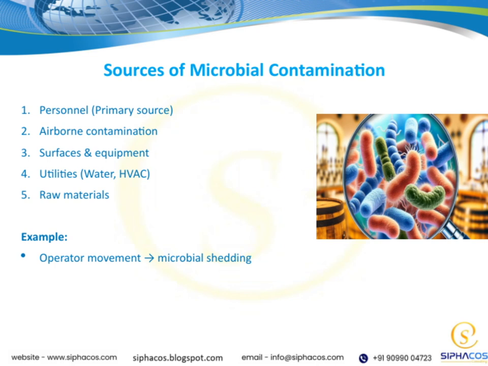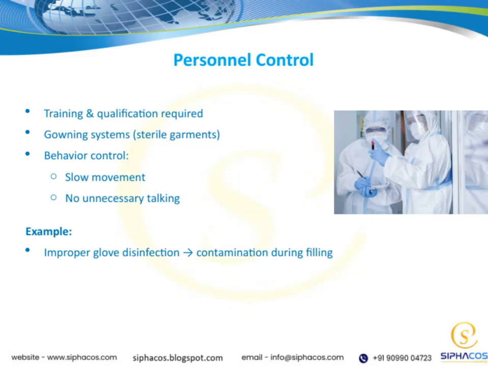Let's now discuss personnel control. First, it's essential that everyone involved has the proper training and qualifications. This ensures they understand the critical procedures and maintain high standards throughout the process. Next, gowning systems are a key part of this control. Wearing sterile garments correctly helps prevent contamination.